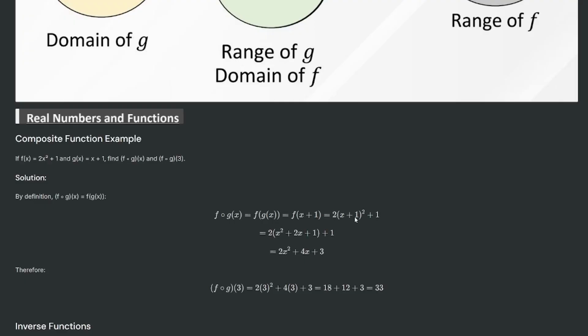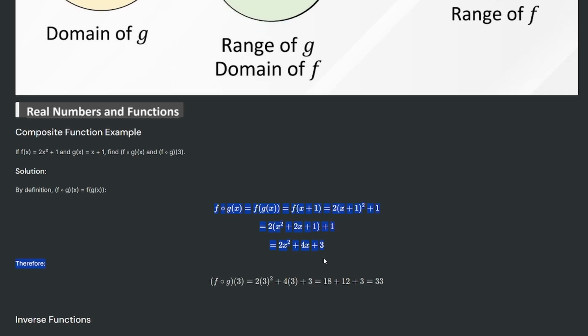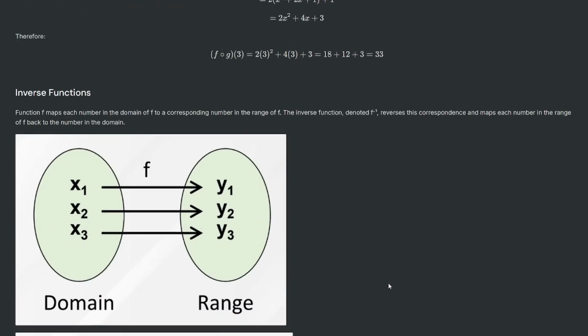But remember one thing, here we have written x plus 1 instead of x because we have f of x plus 1, so we just replace the value of x like this, and if you simplify we can calculate the answer. We have to find f of g(3), so we simplify it by replacing the value of x with 3, and we get 33 as our answer.